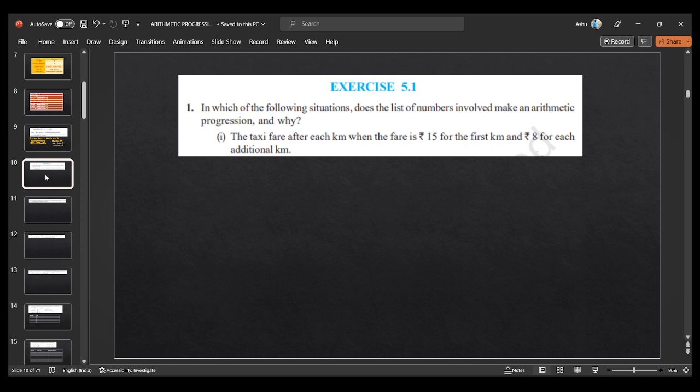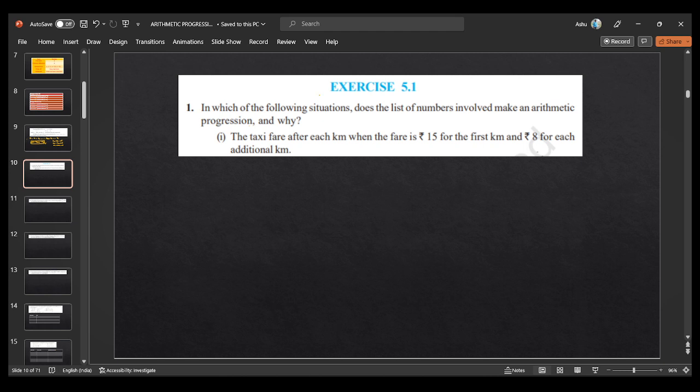Now we should solve exercise 5.1, which will give a clear understanding of arithmetic progression. The first question is: in which of the following situations does the list of numbers involved make an arithmetic progression, and why?